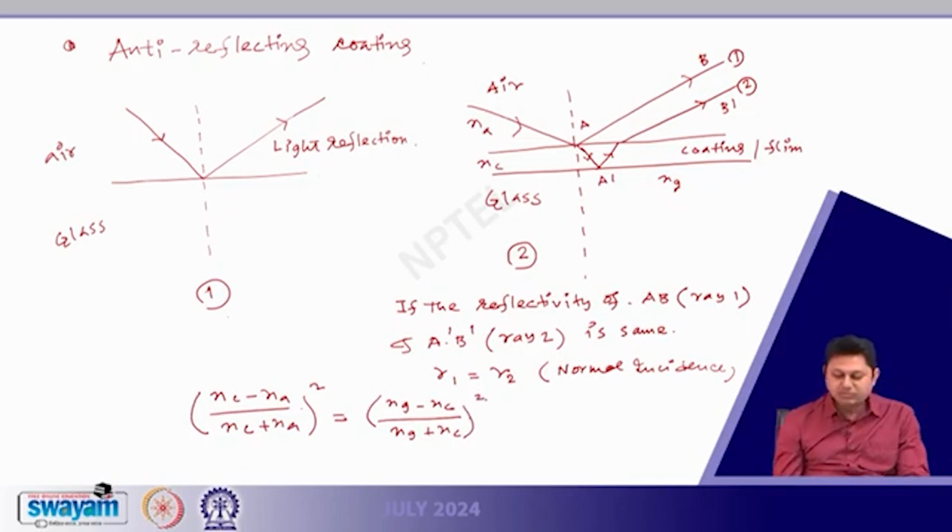So that is the condition one can get for normal incidence. We will come to this again maybe in a future lecture. For the time being, my goal is to find out what should be the refractive index NC in terms of NA and NG by putting a certain condition. For normal incidence, if the reflectivity is the same, then I can write this equation, and this equation is valid in this case.